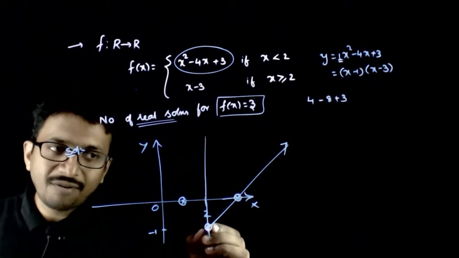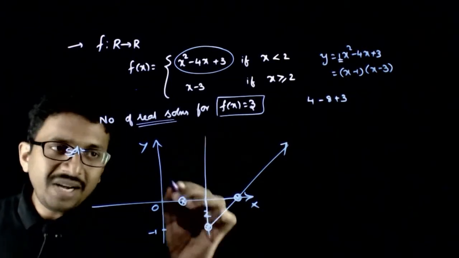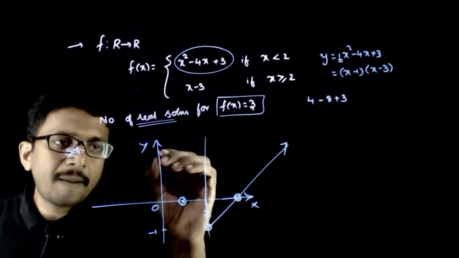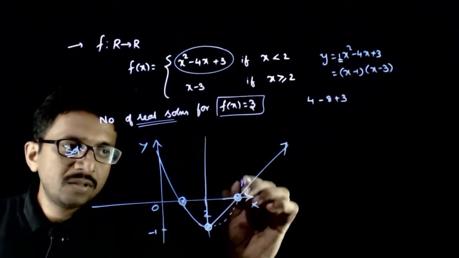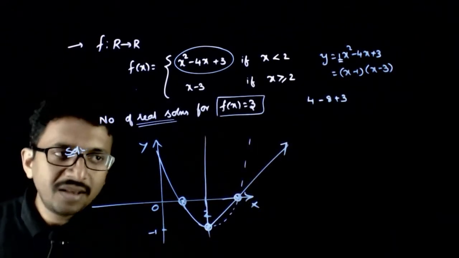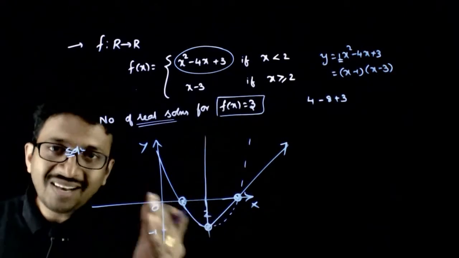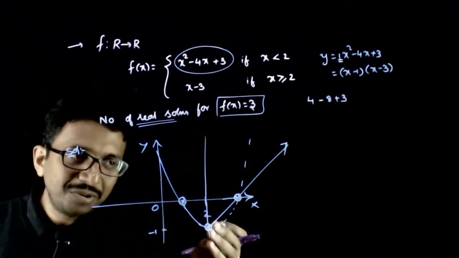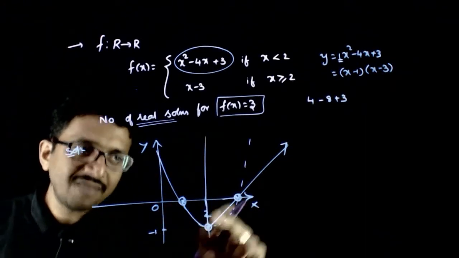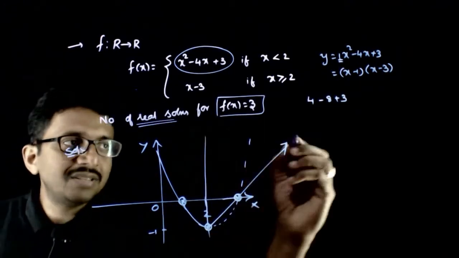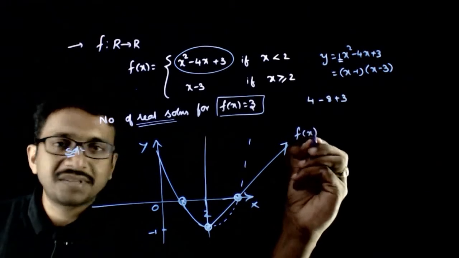So how does the graph look? The complete graph will look like this, but this parabola is valid only on the left side of 2, so I should not draw this part of the graph. You have only this part of the parabola, and you have a straight line. So this is the graph of f of x.